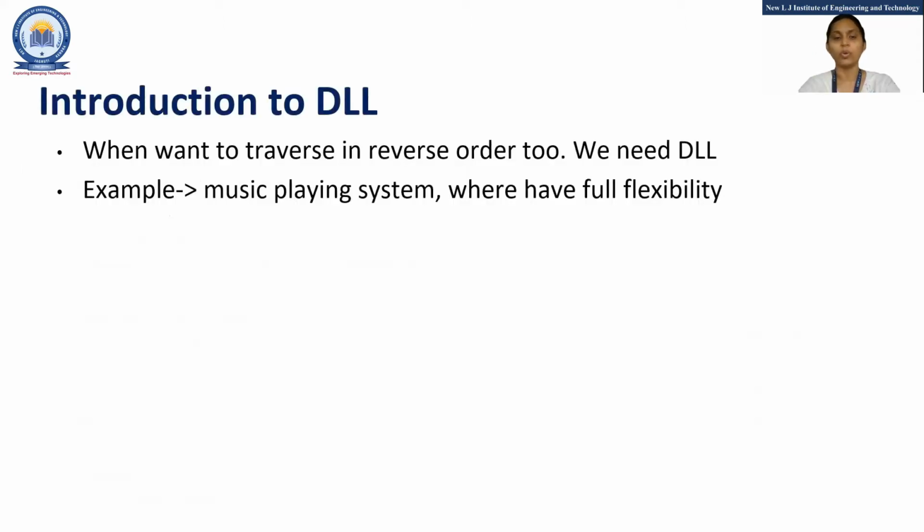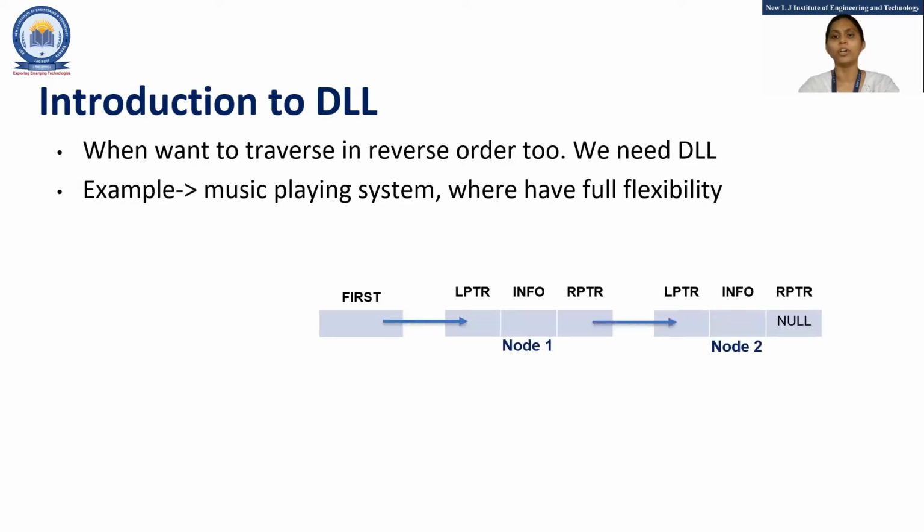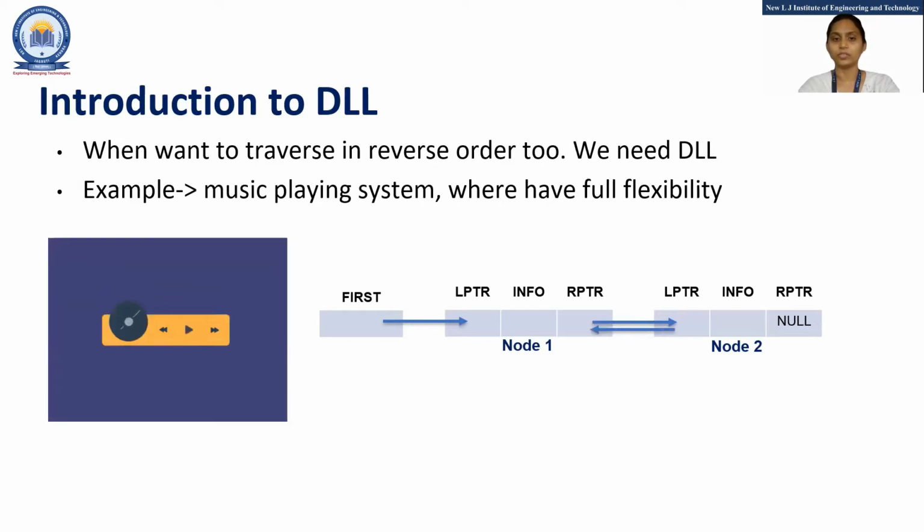What is a doubly linked list? It has two pointers, one pointing to the previous node and one pointing to the next node. Here I write left pointer and right pointer. What would the left pointer of node 1 point to?